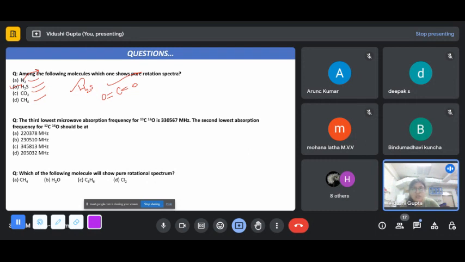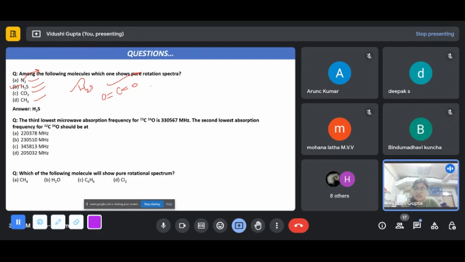Basically, if a molecule does not have a permanent dipole moment, then it will not generate an oscillating electric field upon rotation, and therefore it cannot interact with the radiation. That's why only those molecules which have a permanent dipole moment will be active. So the answer will be H2S.